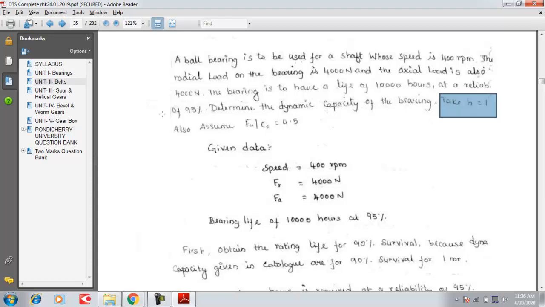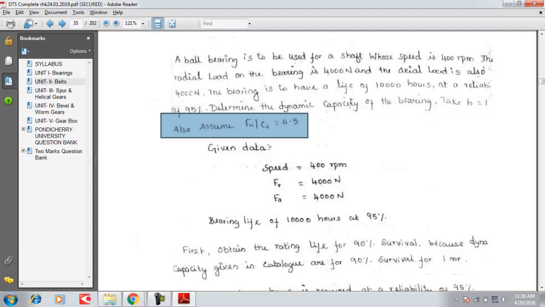Also they have asked us to assume the value of FA by C0. If they have not given the FA by C0 value, they will give the bearing series. From page number 4.13 you can choose the value of C0 if they have given the bearing series like 6207 or 6205.